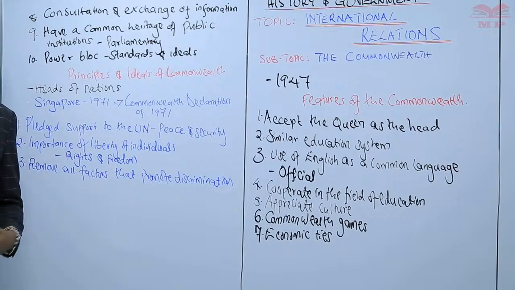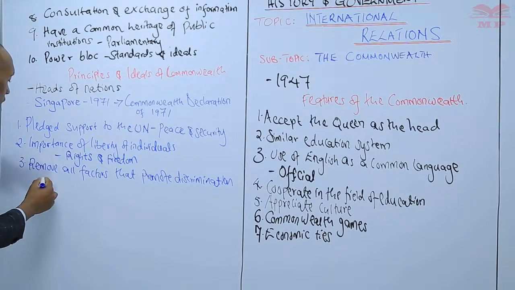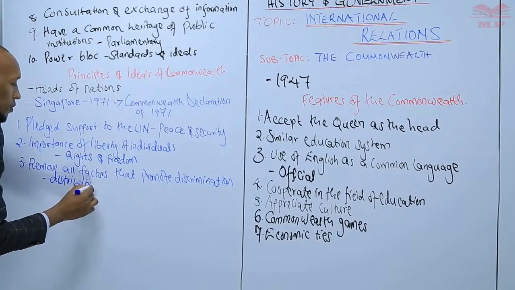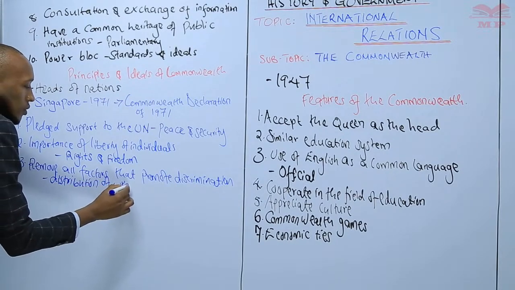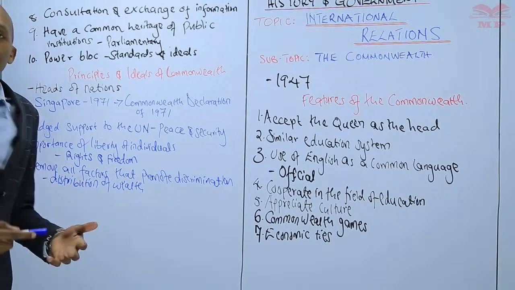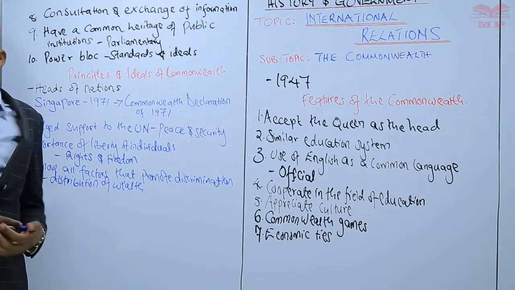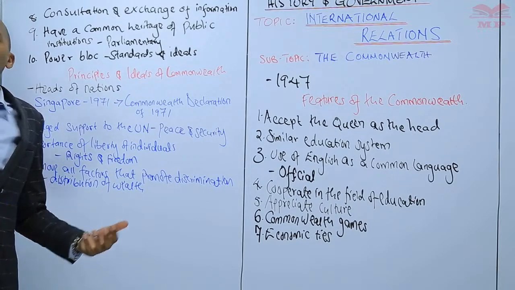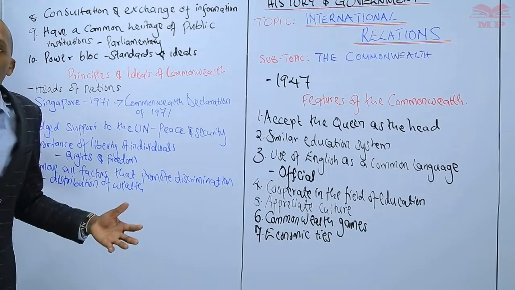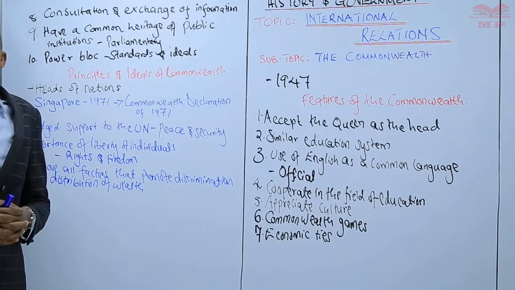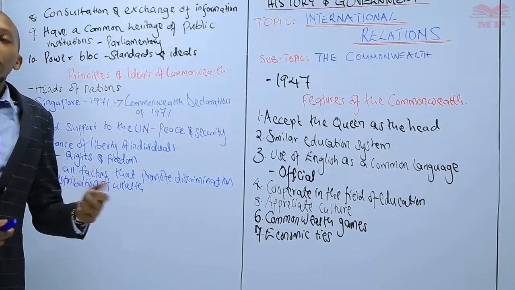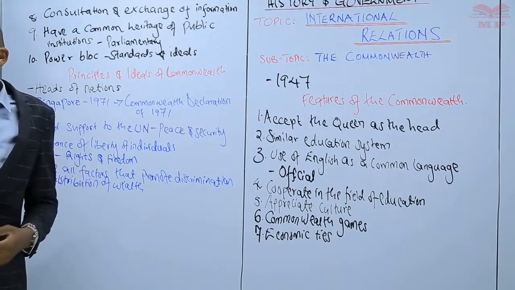So anything that contributed to inequalities in distribution of wealth was supposed to be removed. For example, if a country was going to take over another country, that is a factor that obviously makes the country that has been invaded unable to effectively control their own resources. So they say that no country should be discriminated against in terms of their wealth.